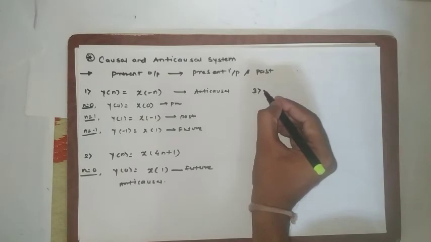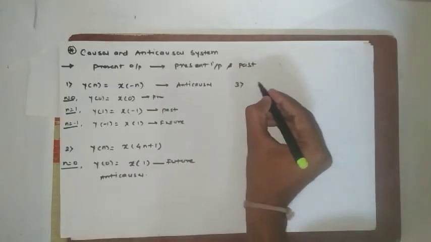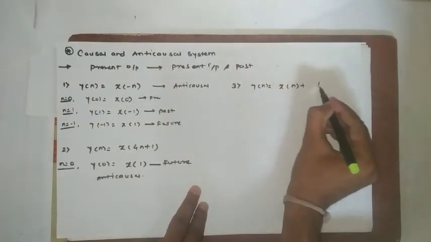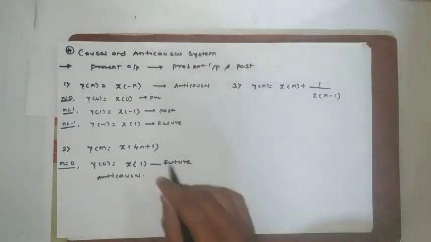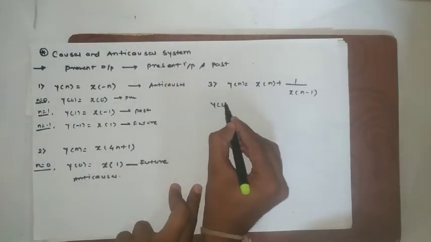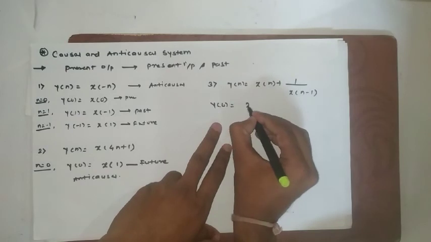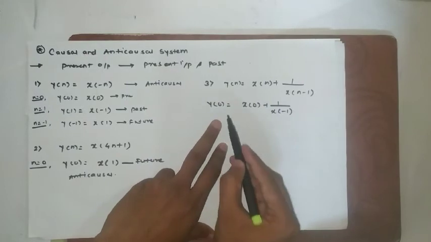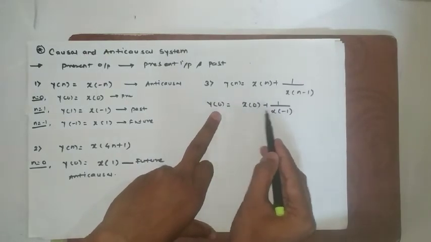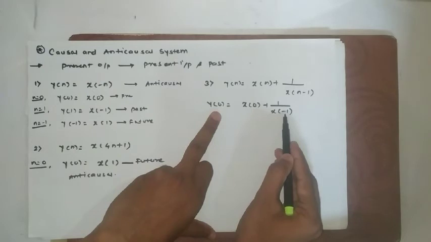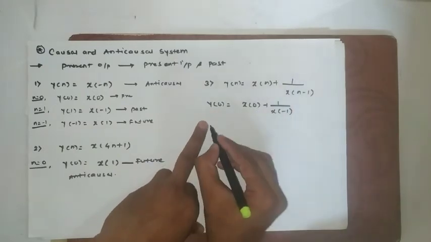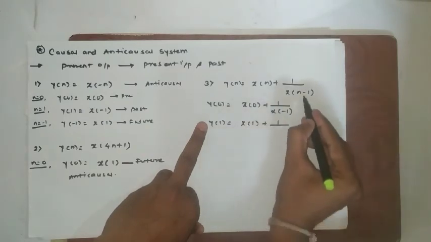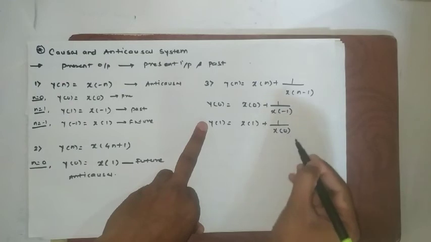Third example is y(n) = x(n + 1) / x(n - 1). At n = 0, we are getting y(0) = x(1) / x(-1). Now see, for 0, the 0 is present and -1 is past. That means in the first case it depends upon present and past. Let's suppose n = 1: it is x(2) / x(0).